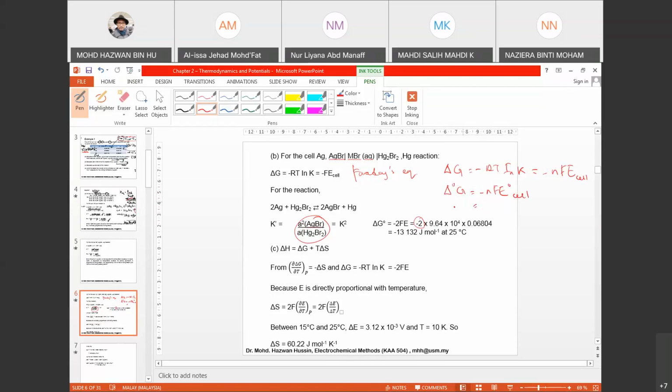N is equal to 2. Then you will get delta G naught equal to negative 2 multiplied by Faraday's constant, that is 96,500, multiplied by the cell potential. The cell potential at what? Anyone knows?